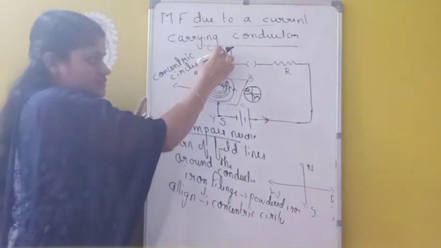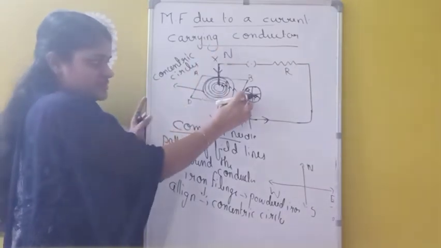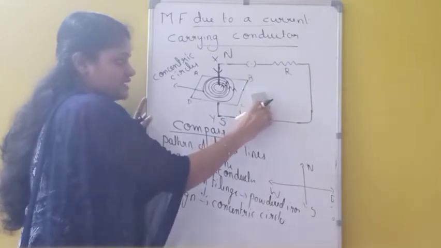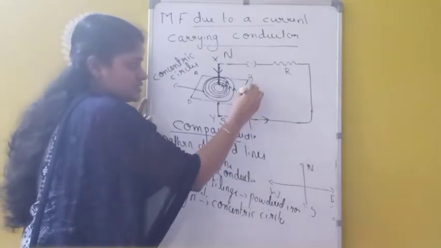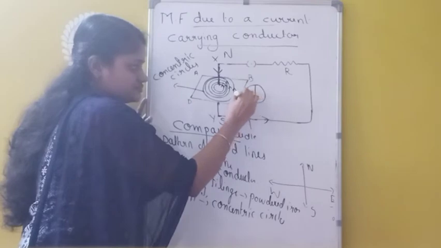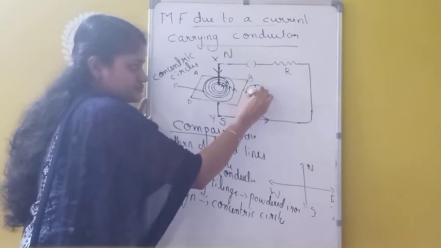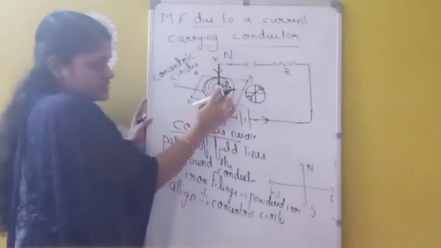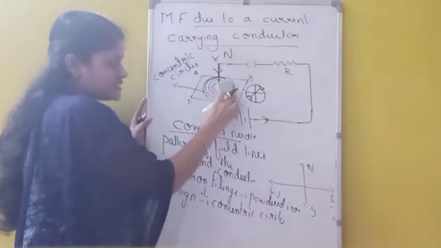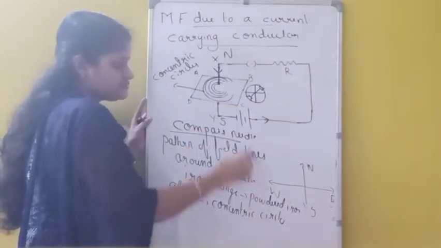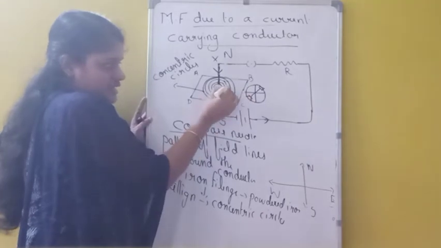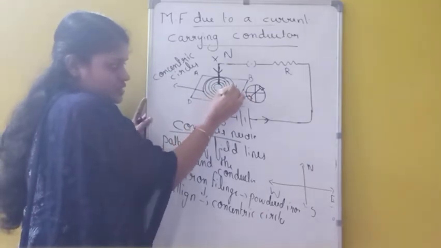So whenever current is passing from north to south, the needle will deflect towards the east direction. Now what about the arrows in these concentric circles? The arrows will be in the clockwise direction.